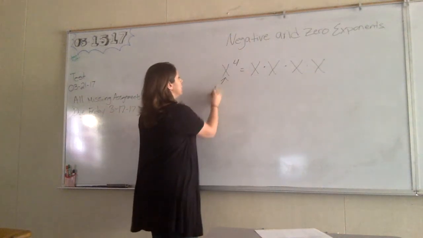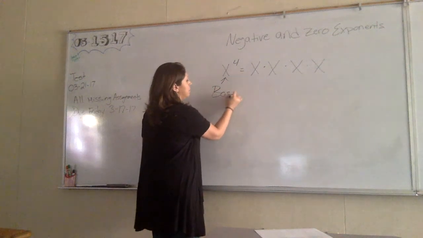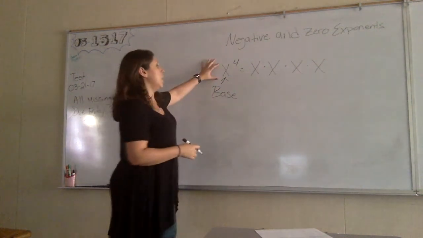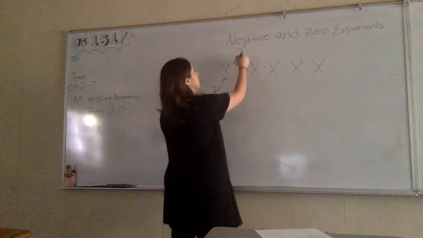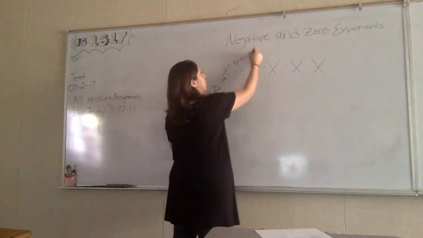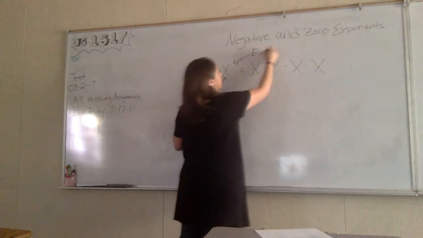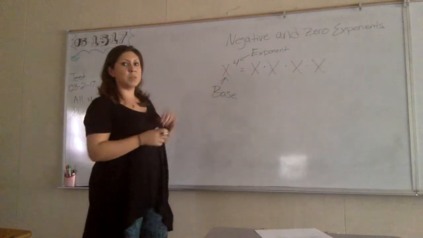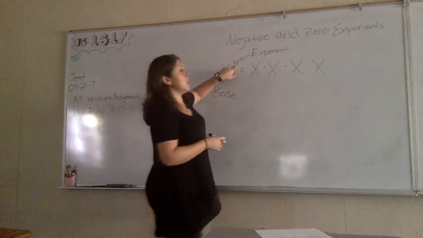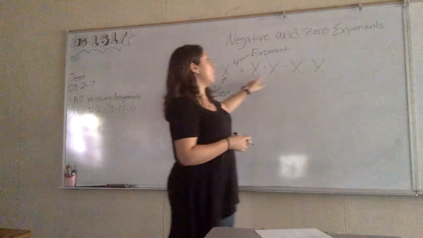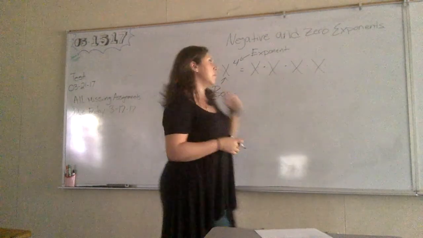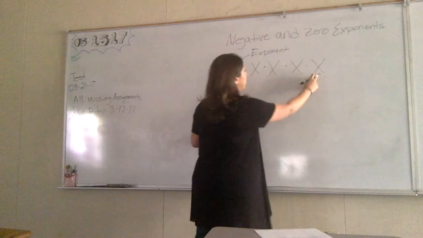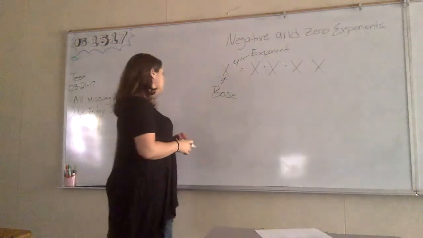This number right here, the big number, is called our base. The small number on the top is called an exponent. The exponent just lets me know how many of the base I have. So if I have x to the fourth, that means I have 1, 2, 3, 4 x's.